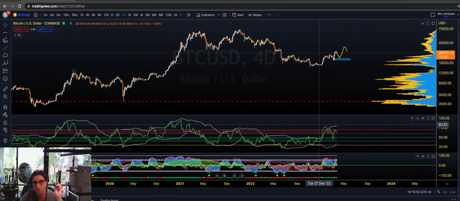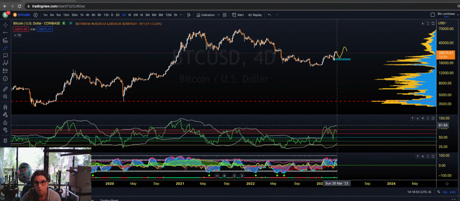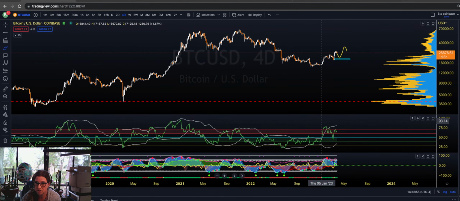Okay, but what I'm trying to get across is we need the lower time frames to give us those transition signals so that we can eventually get it on the weekly. And right now, we do have some transition signals, but we don't have it on the weekly yet, and we don't have all of them yet.